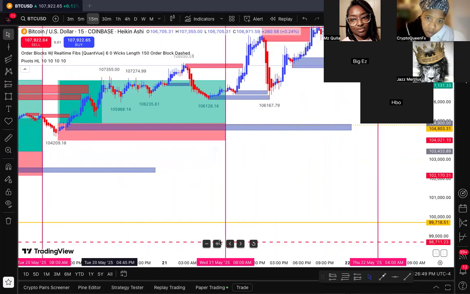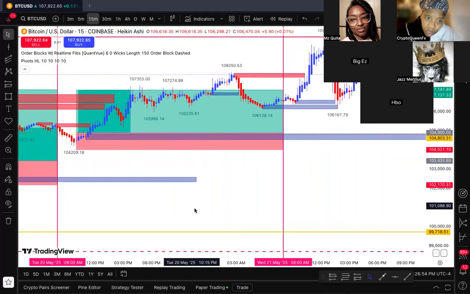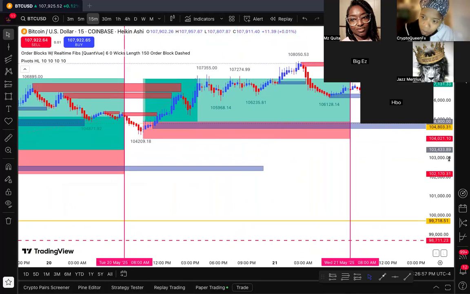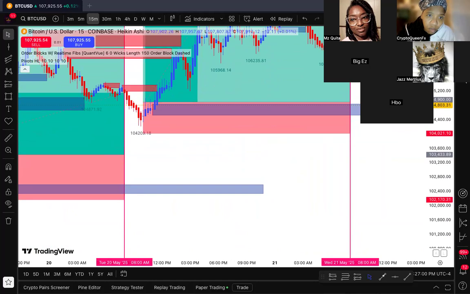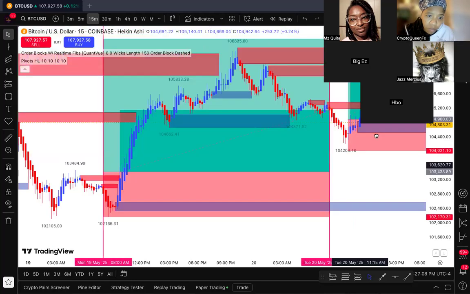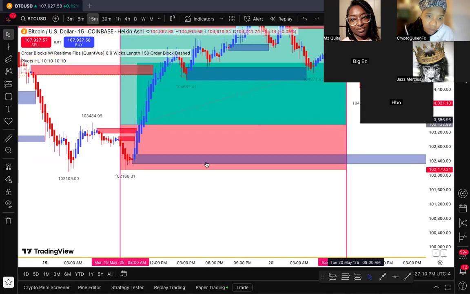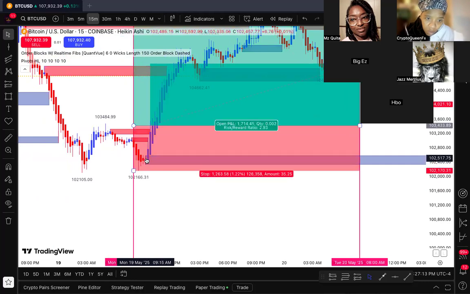So you can see, I'm zooming in to see the entry, so that y'all can see the entry. That's when it made the entry right there. The entry pattern here on the 15 minute. This was your indication for entry when it started buying here.